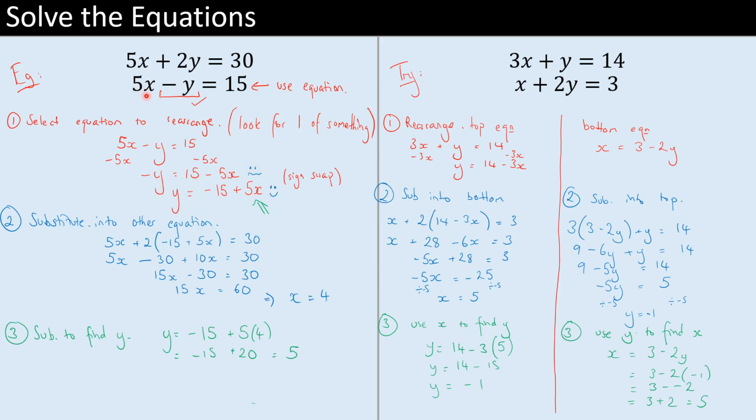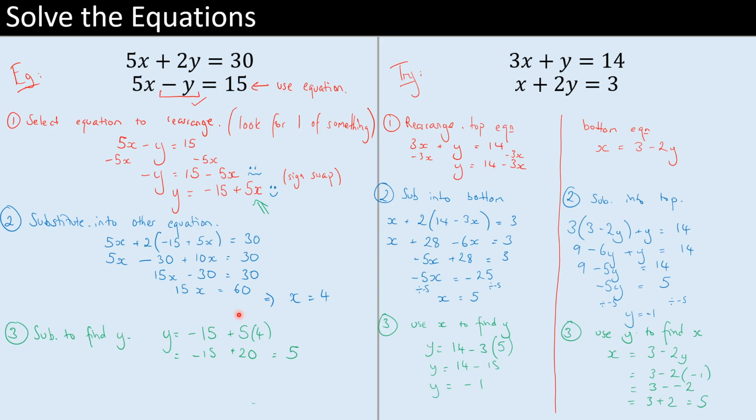And what we did was that we used that equation in the other one. We substituted it to use it in the other equation. We would then have an equation that we would be able to solve, and then we would use the answer we got to work out the other variable.